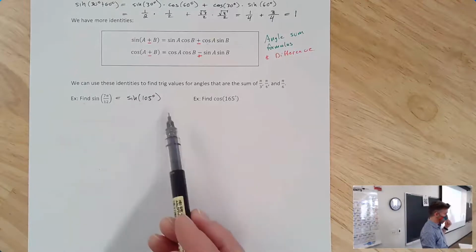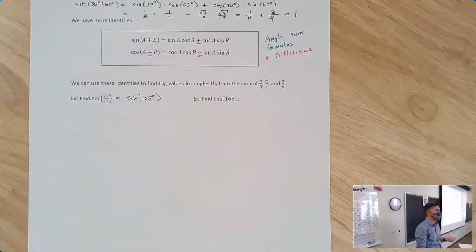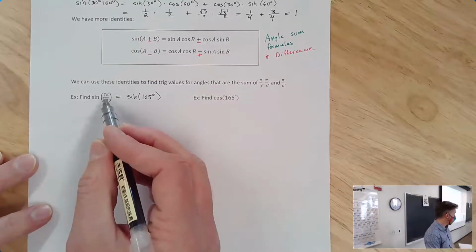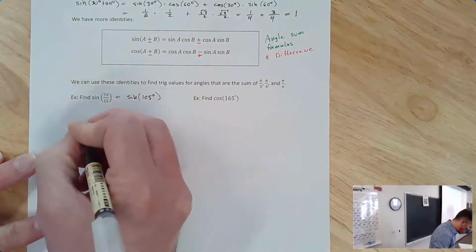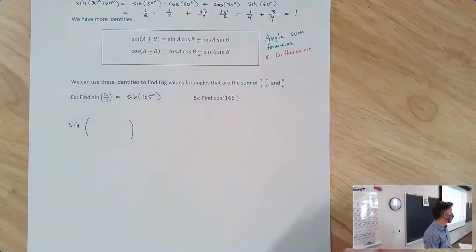Now, let's say we didn't convert this. Let's say we were stuck with radians instead. There is a process I've used which always works: if you're going to break 7 pi over 12 up into two angles that we know how to deal with, don't worry about trying to figure out what they are. Worry about trying to break this up into two angles that both reduce.